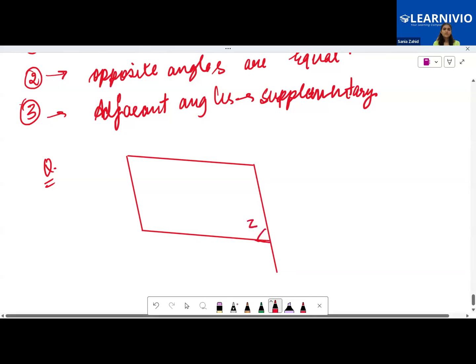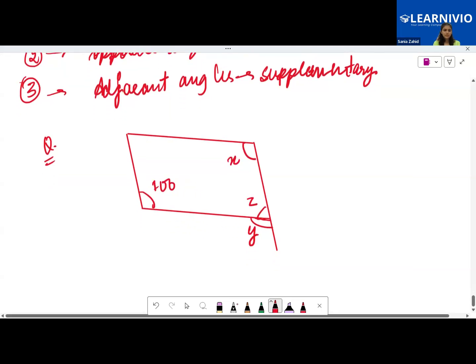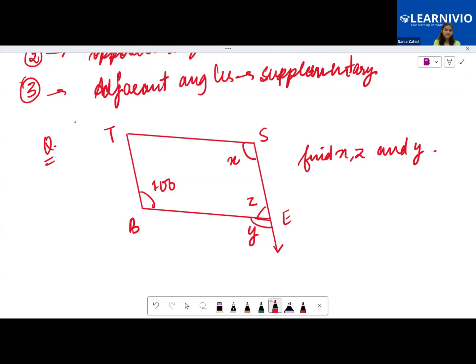This is Z, this is Y, this is 100, this is X, then you have B, S, E, and T. So you have to find X, Z, and Y. Fine? Now what about T? Ma'am, we don't have to find T. No, you don't have to find T.